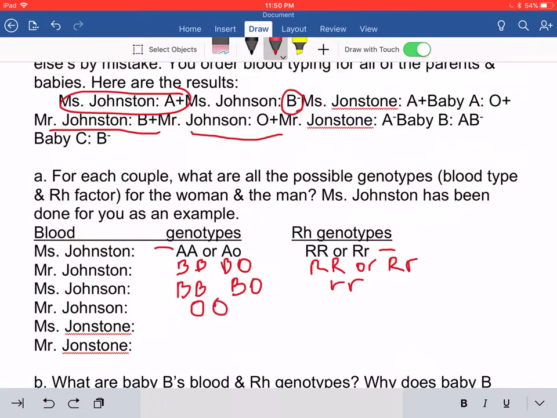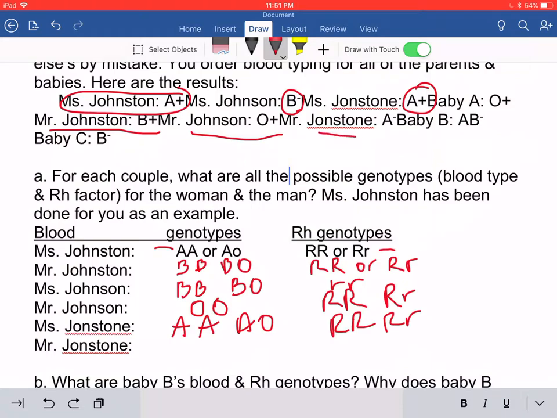And because he is positive, he can either be homozygous or heterozygous for that condition. Mrs. Johnstone is A positive, so again, she can be AA or AO, and can be big R, big R, or big R, little r. And Mr. Johnstone is A negative, so he can either be AA or AO, and because he's negative, he has to be little r, little r, okay?